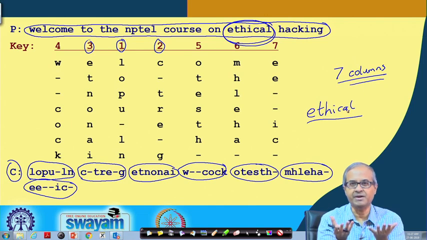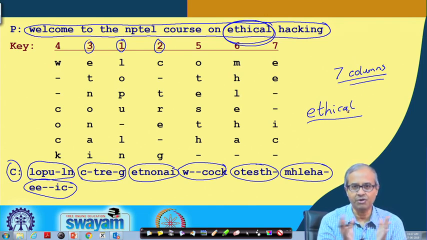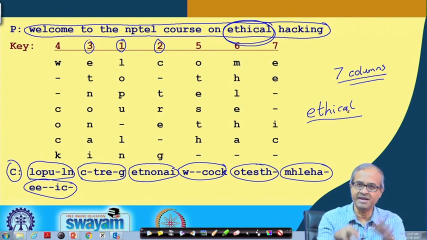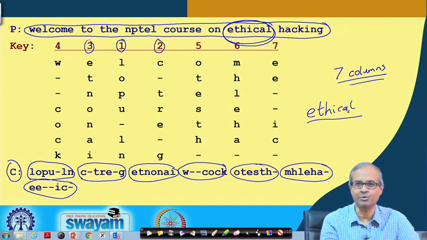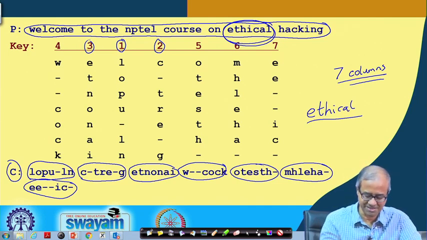You can write a computer program to do this automatically, it is not so difficult to do, but once you do it, you will not only get this word, you will also have an idea regarding the order of the columns, where is E, where is T, where is H, like that. In that way you can decode the message pretty easily.